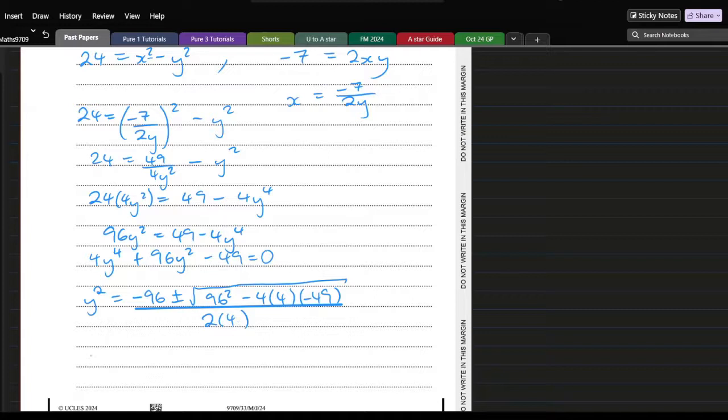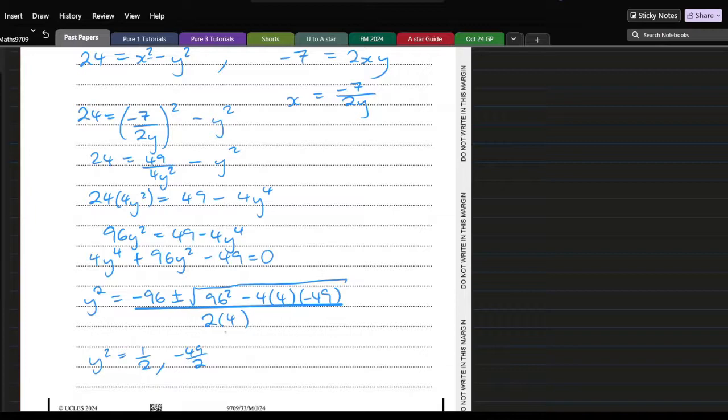This means y squared is equal to, let's punch this into the calculator, that's -96 plus the square root of 96 squared minus 4 times 4 times -49, and this is over 2 times 4, and this gives us y squared is half when we use the positive sign, and from the negative sign we get -49/2.